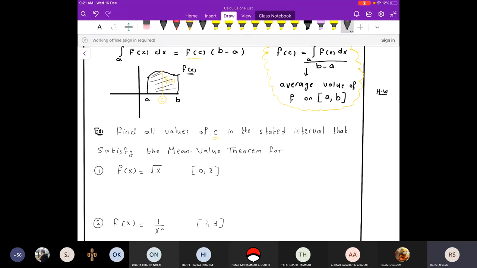The mean value theorem for integrals. To find c, what does this theorem tell you? It says the integral from 0 to 3 of x to the power 1/2, applying the theorem, equals f(c).